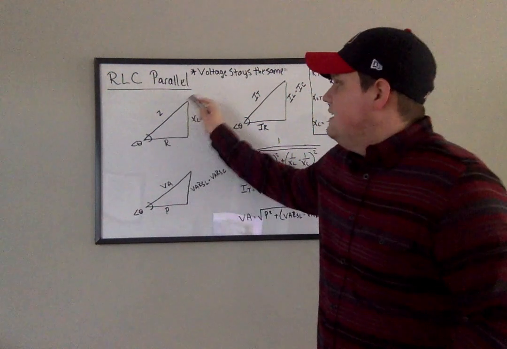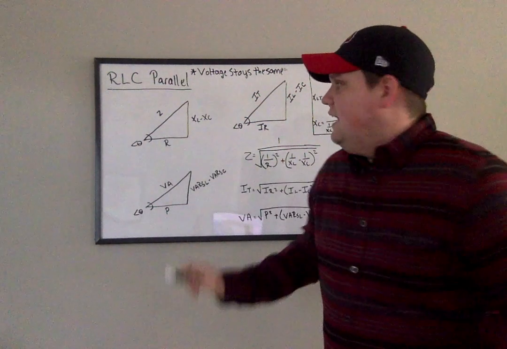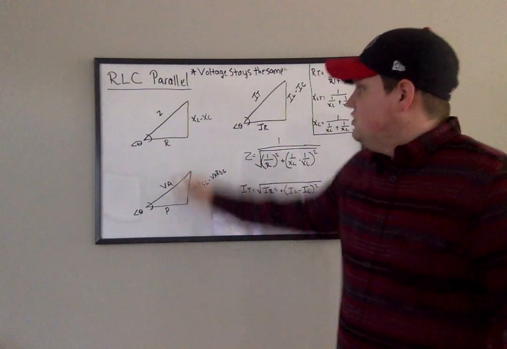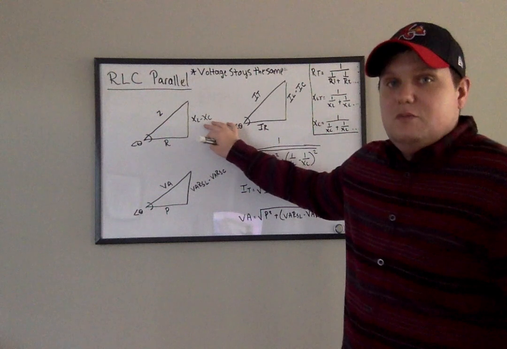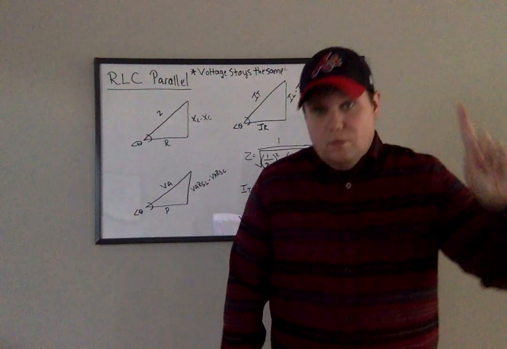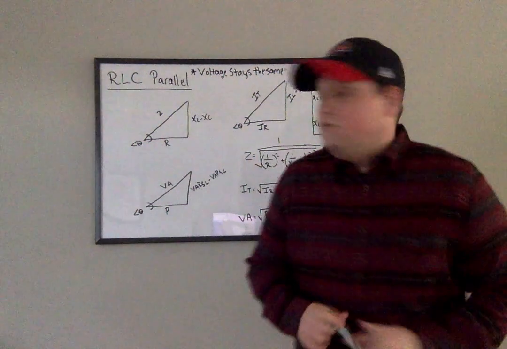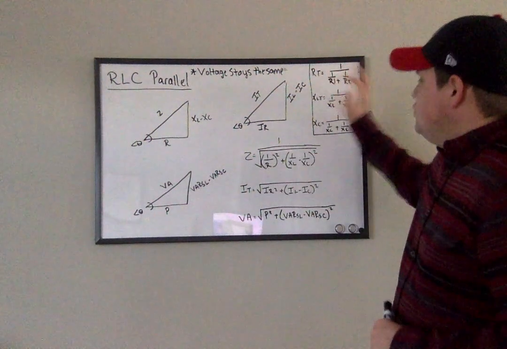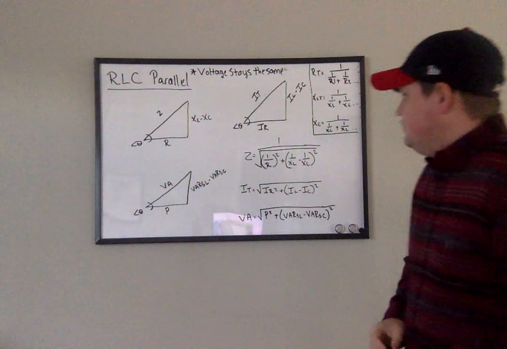Impedance, Z, is the hypotenuse. And what it is, it's the vector sum of the resistance and the inductive and capacitive reactance. But remember, since we are working with ohm values here, we do have to do that reciprocal method of this.